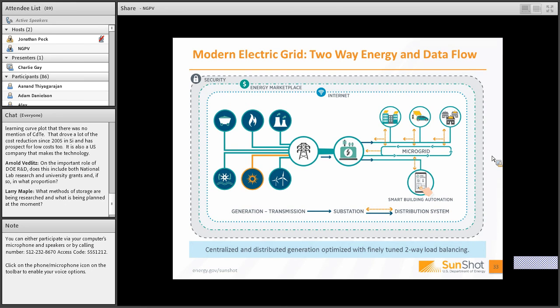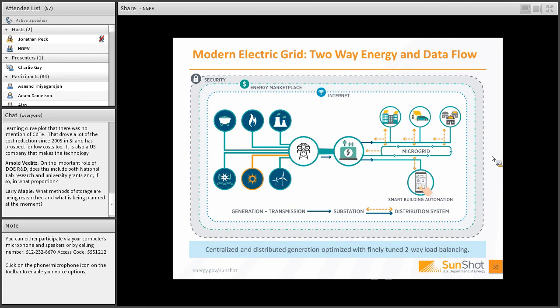Roughly speaking, currently our annual budget is on the order of $200 million. About 38% of that goes to national labs, a large portion of it to NREL, but significant portions to Sandia, Pacific Northwest Labs, Lawrence Berkeley Lab, Lawrence Livermore.